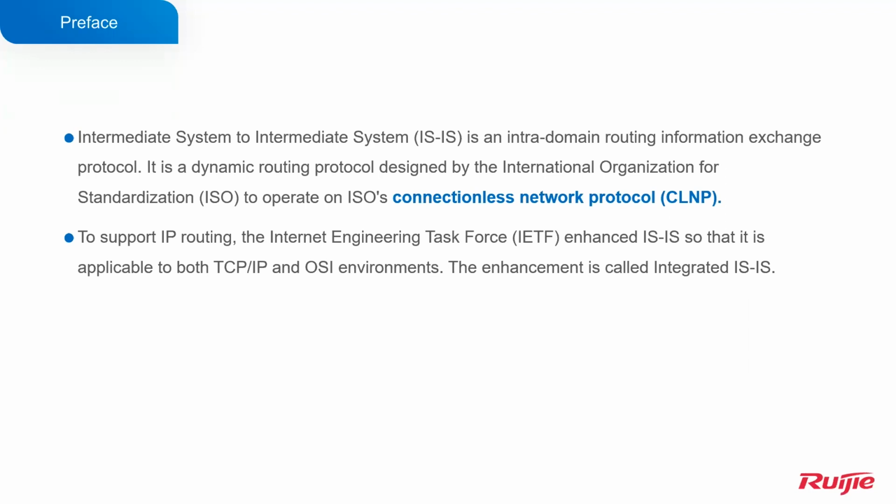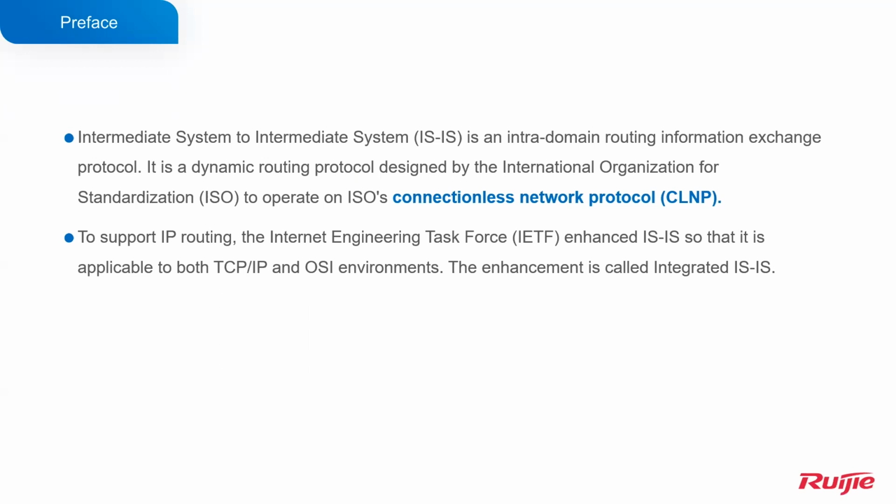At the beginning, this protocol was used by the ISO organization, and it provided a service for CLNP, Connectionless Network Protocol, because as we know, in our network we have two reference models. One is OSI and the other is TCP/IP.